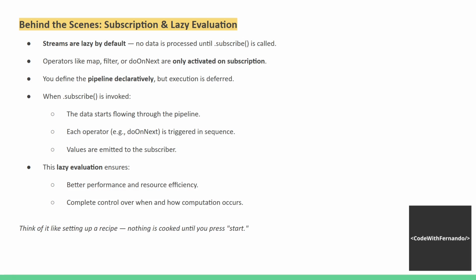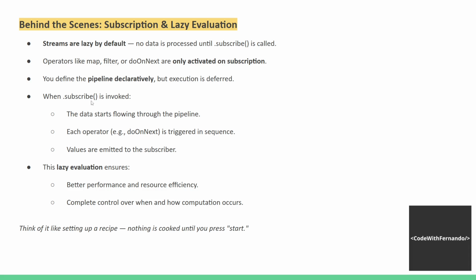Okay, so let's go. Streams are lazy by default. We know that already. No data is processed until subscribe is called. Operators like map, filter, or doOnNext are only active on subscription. Then you define the pipeline declaratively, but execution is different.